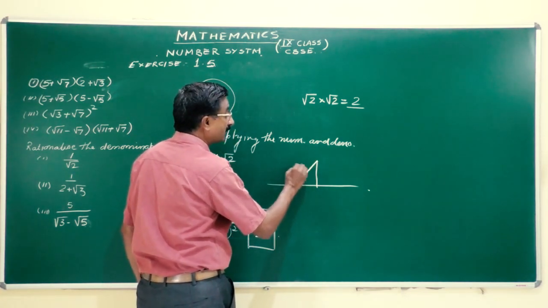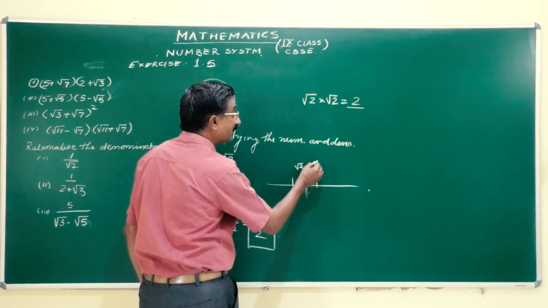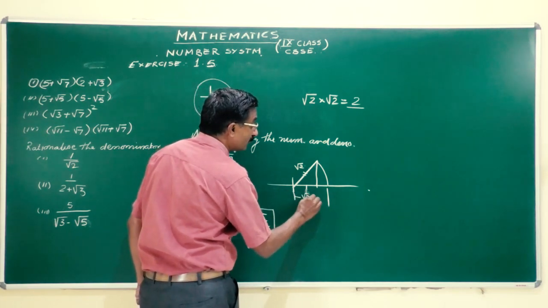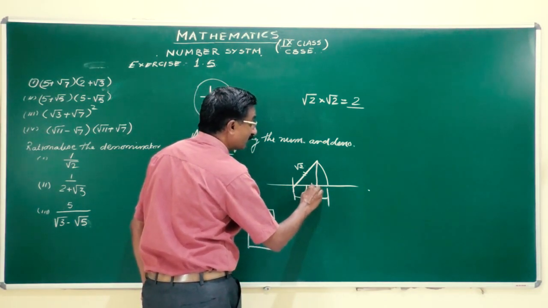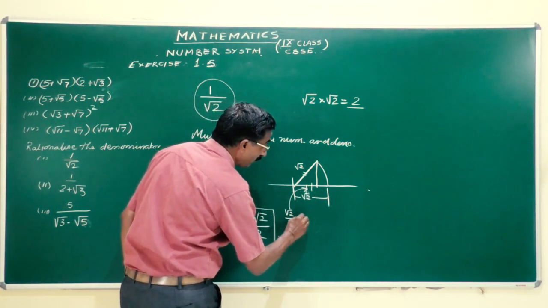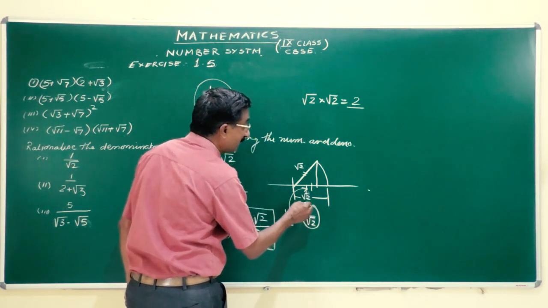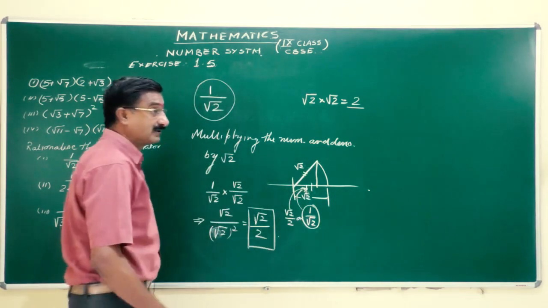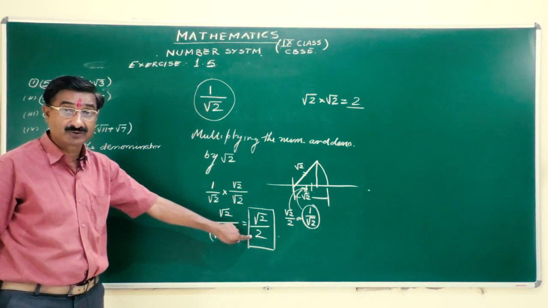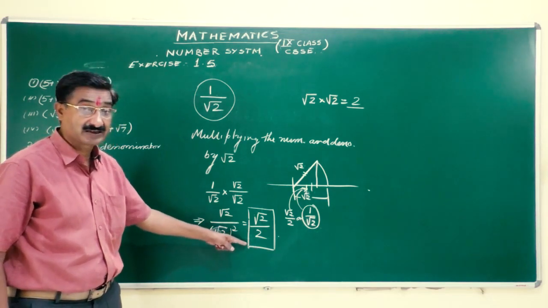So this is under root 2, and the half of the under root 2, means center point of this, will be your under root 2 upon 2, or we can say 1 upon root 2. Means this value is equal to under root 2 upon 2, means half of the under root 2. So this value can be marked on the number line now after rationalization.